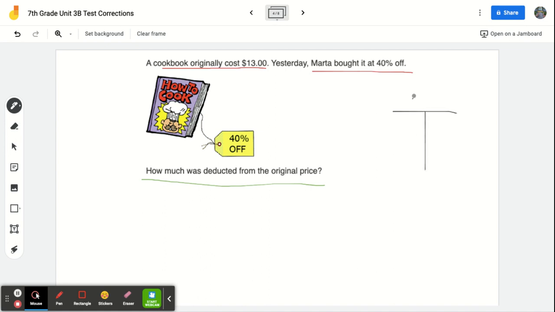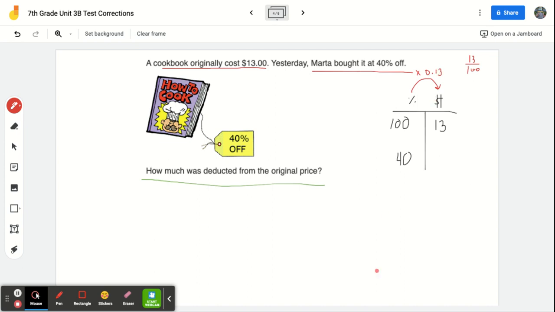So we can use our percent table again. We have the original is always 100. So that's $13. And then the 40% has to go on this side since it is a percent. And the first thing I have to do is find out what number we multiply by to go from one side to the other. And I just divide 13 by 100. And that gives me 0.13.